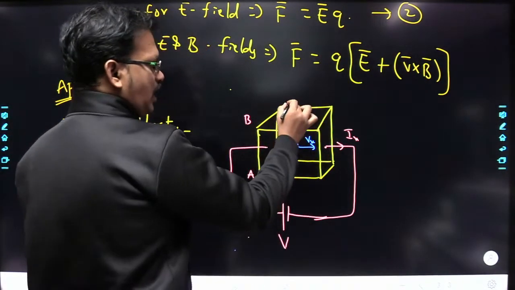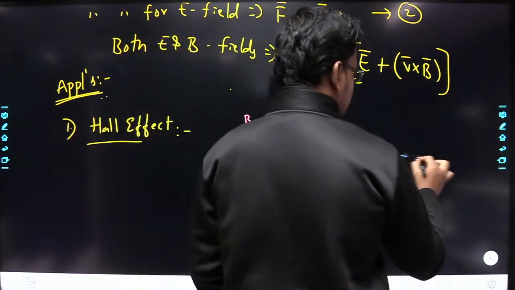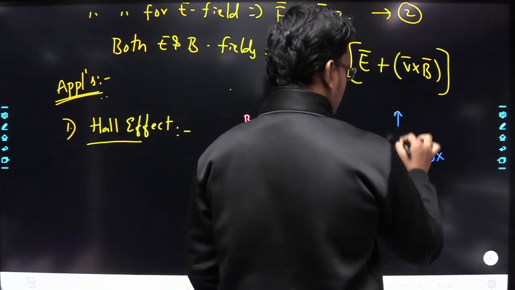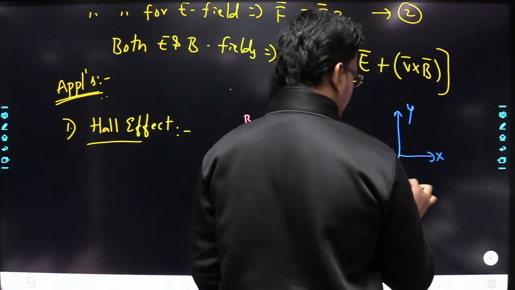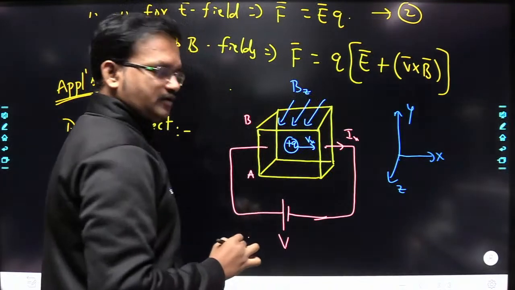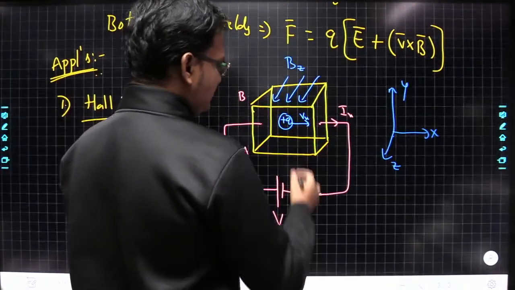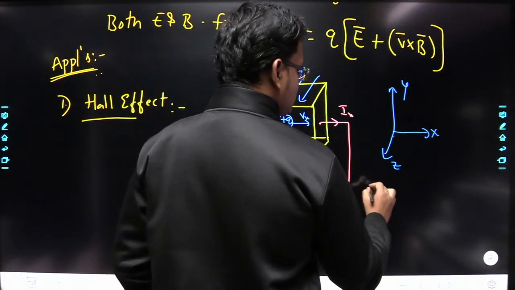The B field is pointing in this direction. We have considered X, Y and Z axes, so the B field is pointing in the Z direction.